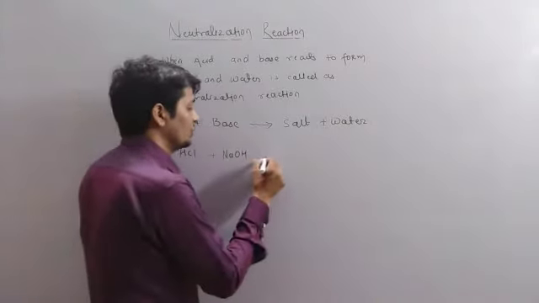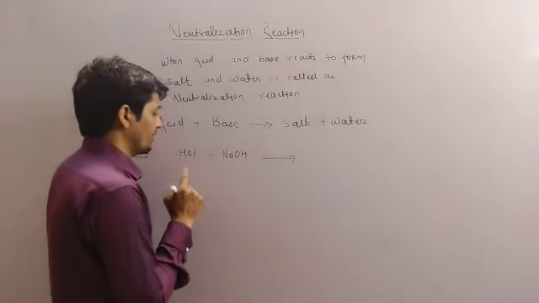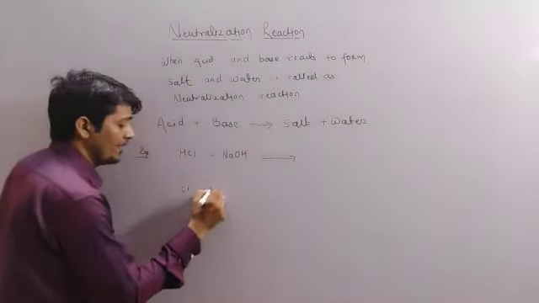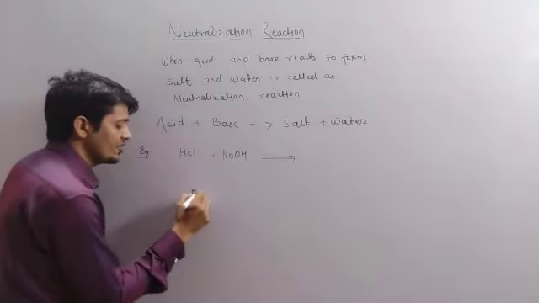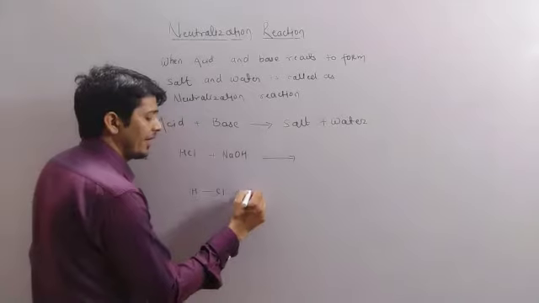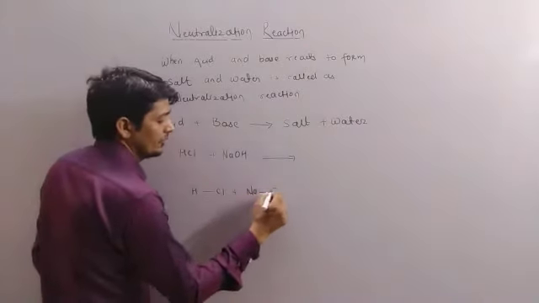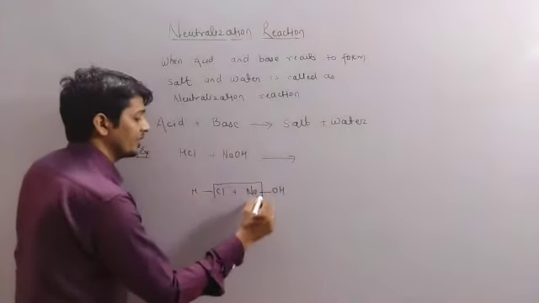So they will form salt and water. We can write this part as H bond Cl, that is HCl, and Na bond OH. So what is this part basically?